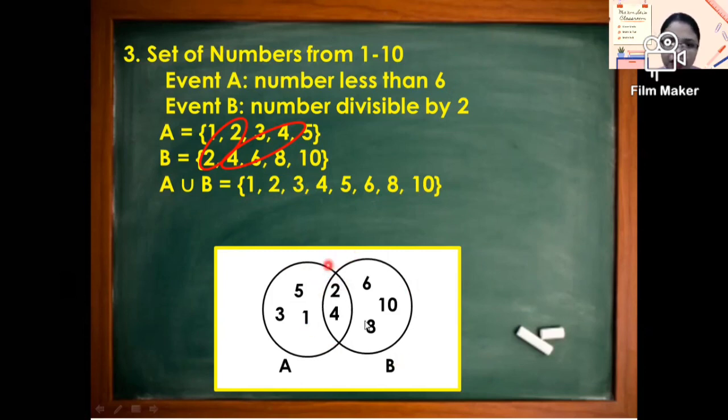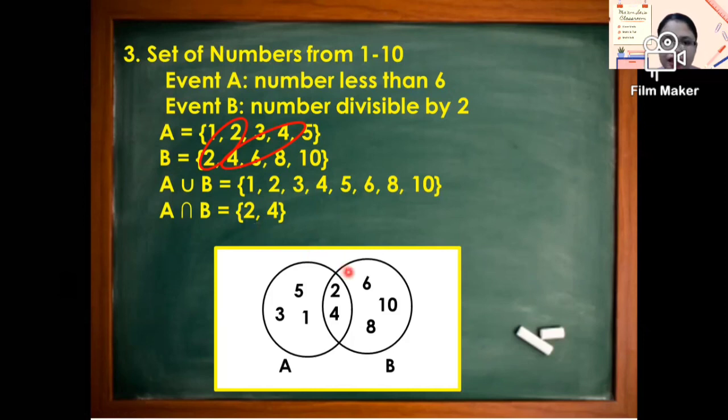Okay? Kung mapapansin din natin sa ating Venn diagram, meron na tayong intersection. Kaya masasabi natin, the intersection of A intersect B is 2 and 4. Kasi kung ano yung parehong meron sa A, na meron din sa B, yun po ay kanyang intersection.